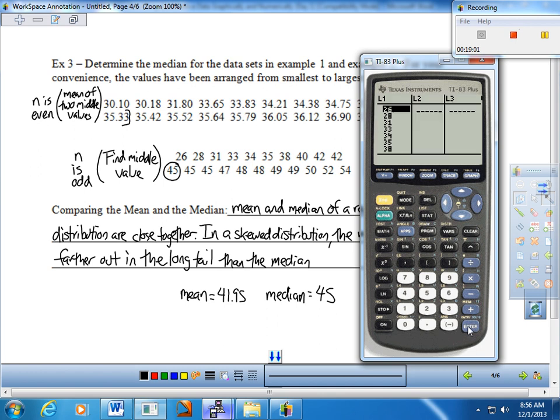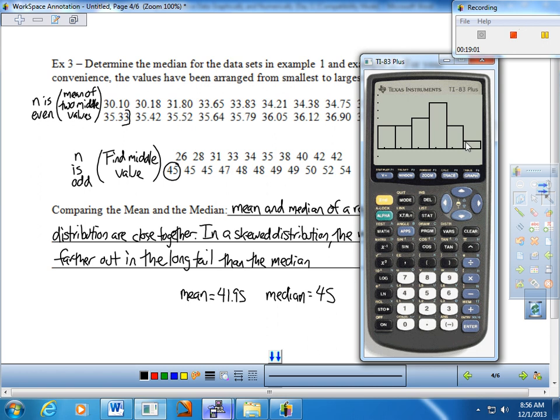So let's go ahead and press stat edit, and there are all the ages of the teachers. And if I go ahead and put this together, I think I have it as a histogram. There it is. And I hope you would agree, just the way the calculator set this up here, that this looks to be a left skewed distribution, right? It seems like there are more values to the left of the center than to the right of the center.